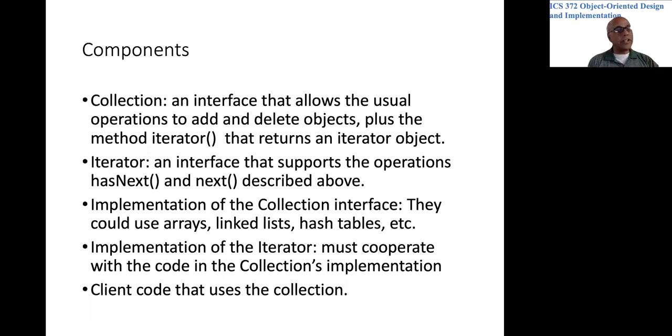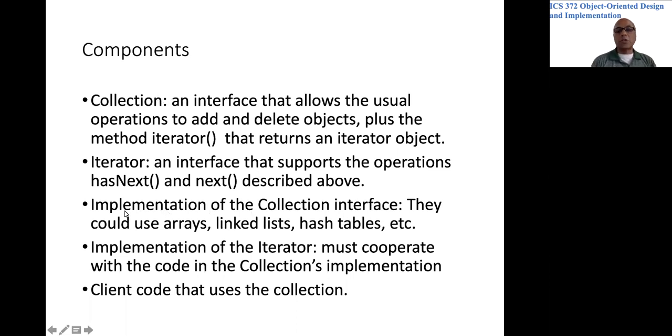There is a collection here. That is one of the players. The collection supplies an iterator. That is a second player. A client is there to use the collection. Then we have possible implementations of the collection interface.